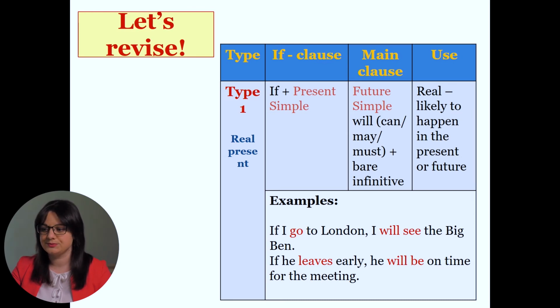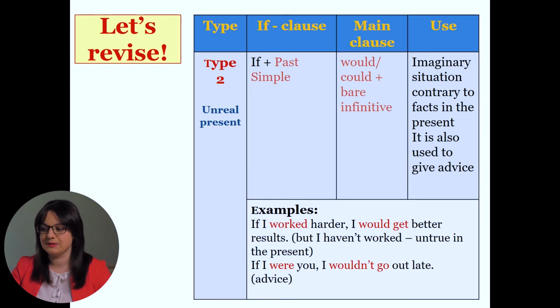Type 2, unreal present. In the if clause, we use past simple, and in the main clause, we use would, could, plus bare infinitive. If I worked harder, I would get better results, but I haven't worked, and this is untrue in present.